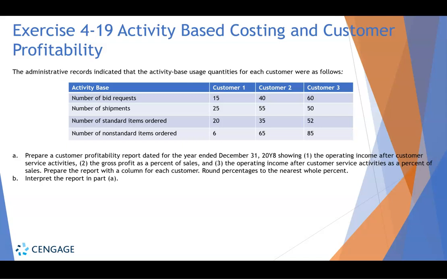Now, this shows for each of the customers the activities, like the number of bid requests, number of shipments, number of standard items ordered, and non-standard items ordered. So prepare a customer profitability report dated for the year ended December 31st, showing the operating income after customer service activities. Also, the gross profit as a percent of sales and the operating income after the customer service activities as a percent of sales.